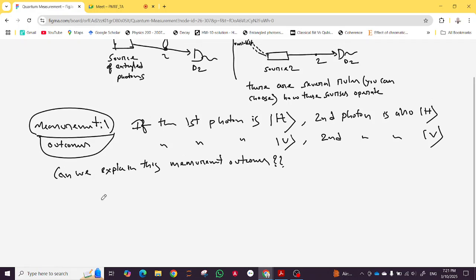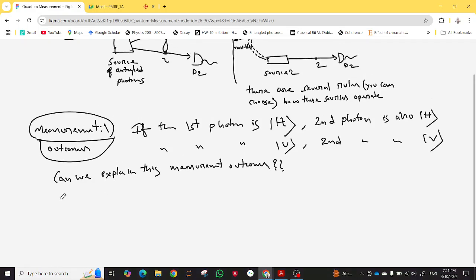So how will quantum mechanics explain this? Quantum mechanically, can you explain these outcomes? How will you explain them?